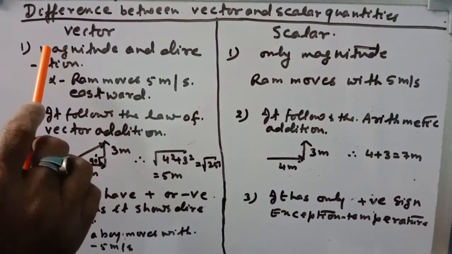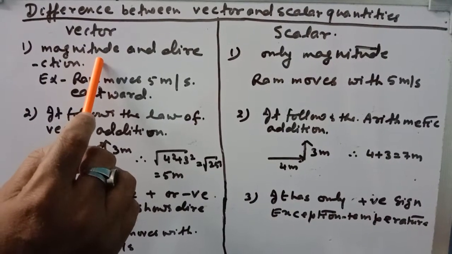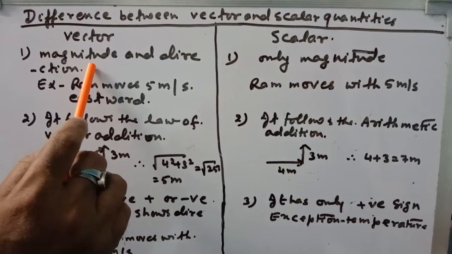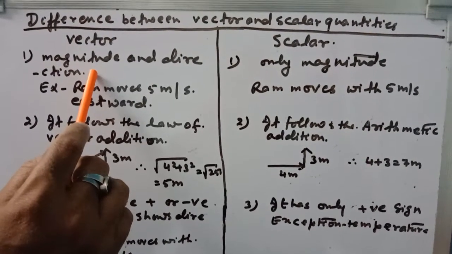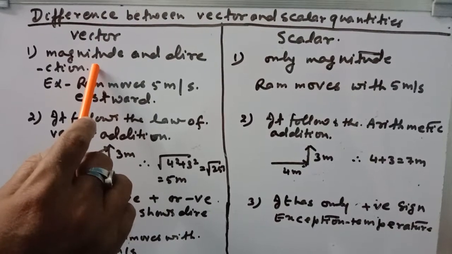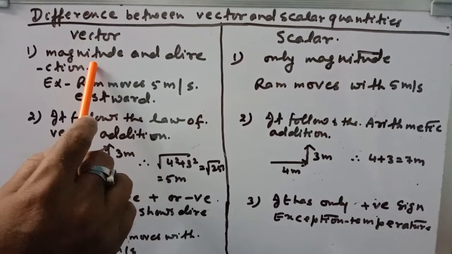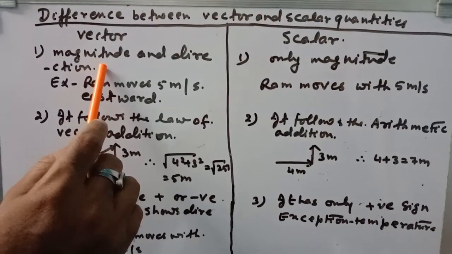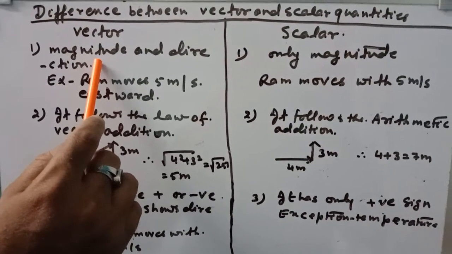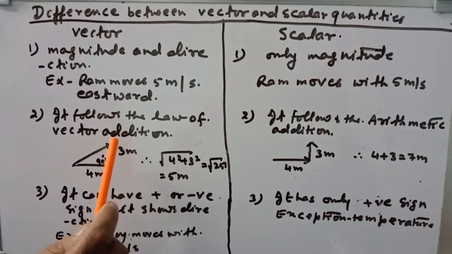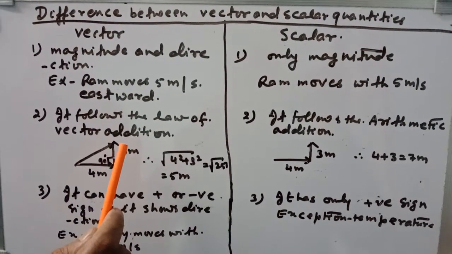Again, I have told that a vector quantity has magnitude, but it is not always true. There are some examples of vector quantities which do not have any magnitude, and those vector quantities are known as null vectors. For example, a lot of equal and opposite forces are acting on a body. The sum of all the forces becomes 0, and all of you know that force is a vector quantity and the sum of all forces is 0.